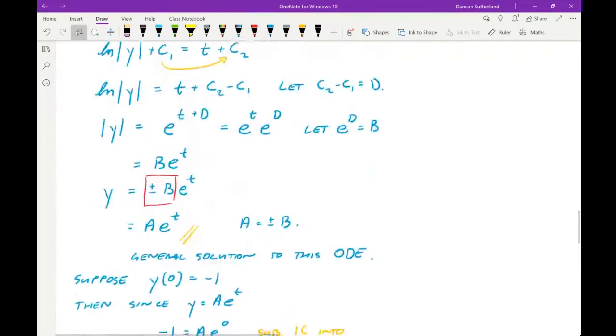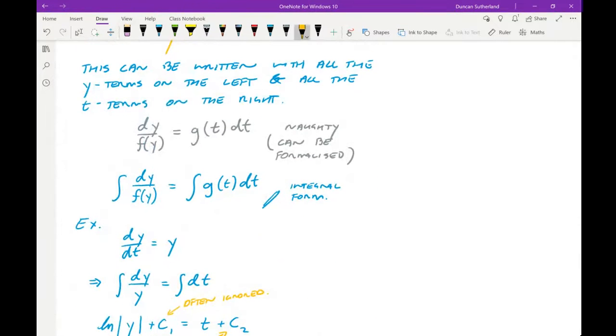When I said this can be formalized, that includes formally writing down the integral step. So when you actually integrate this, you integrate it with respect to a dummy variable on both sides. And then for convenience, you write it down as the dependent variable on one side and the independent variable on the other.